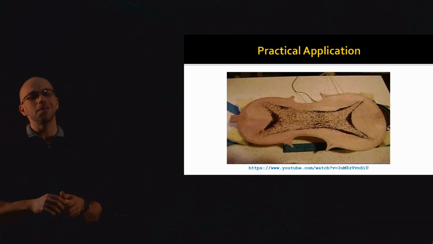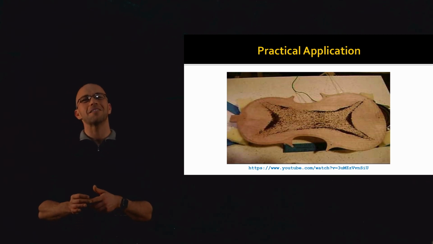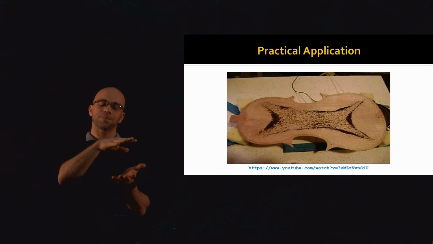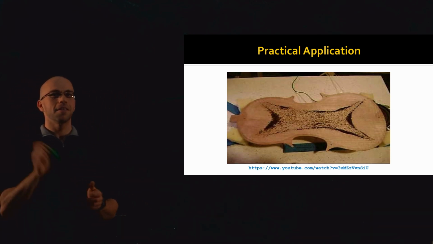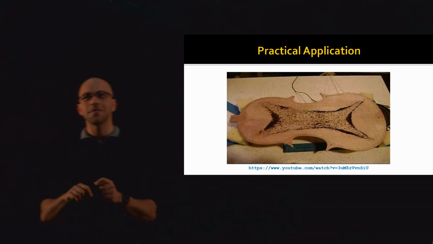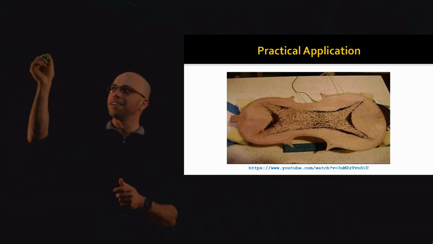This has actually been known to violin makers for a long time, because for instance, if you're engineering the top of an instrument, one thing that you have to put inside of your instrument is a sound post. So if I have here a profile view of my violin.